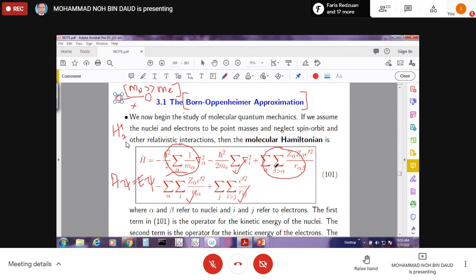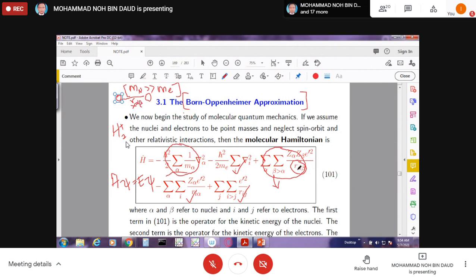So the internuclear repulsion can be set as a constant, because we fix the distance R alpha beta.